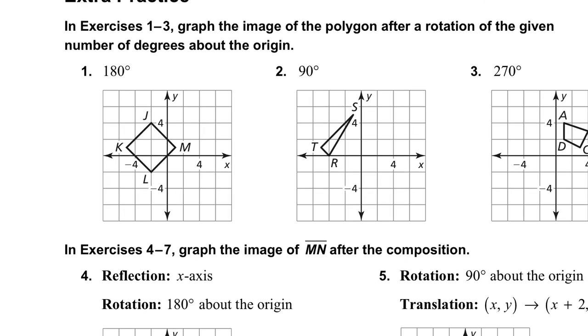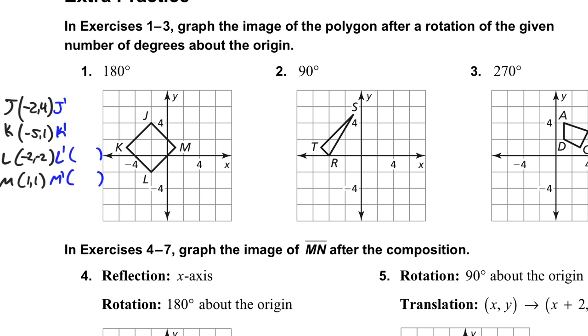So number one here on the side, I'm going to write down the original values of J, K, L, and M. So J is negative 2, 4. K is negative 5, 1. L is negative 2, negative 2. And M is 1, 1. Now let's find the prime version: J prime, K prime, L prime, M prime.